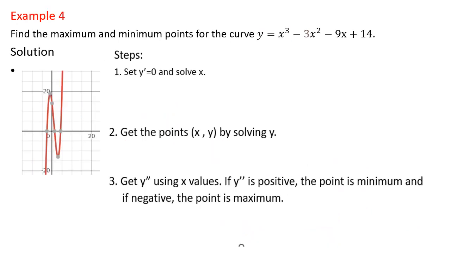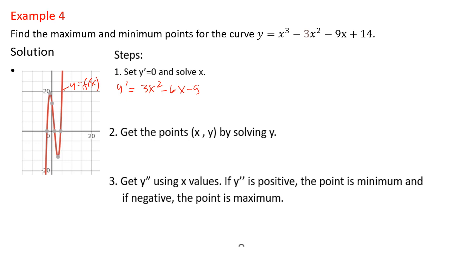We'll take up number 4: y equals x cubed minus 3x squared minus 9x plus 14. So the same thing, this one is your curve, y equals f of x. So y prime equals 3x squared minus 6x minus 9.